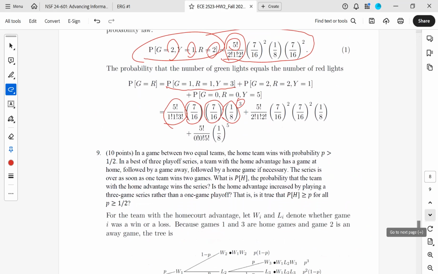Plus the second option, 2 green, 2 red, 1 yellow, plus the third option, which is 0 green, 0 red, 5 yellow. And we add them together and we have our final answer. Are we clear on that?